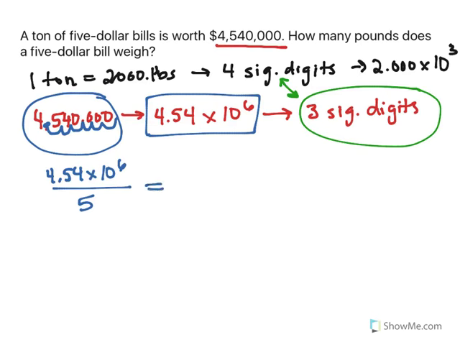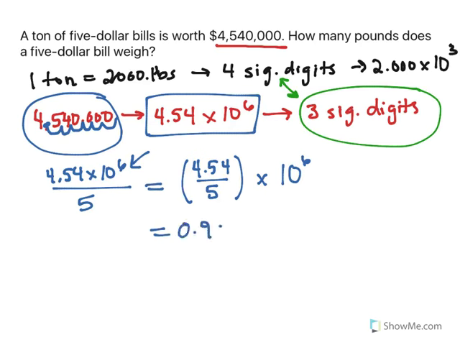We're going to regroup and put the numbers in one set of parentheses and our base tens in another set of parentheses. In this case, we only have the one base 10, so it's just going to sit by itself for now. When we do this math, we get that 4.54 divided by 5 equals 0.908 times 10 to the 6th.